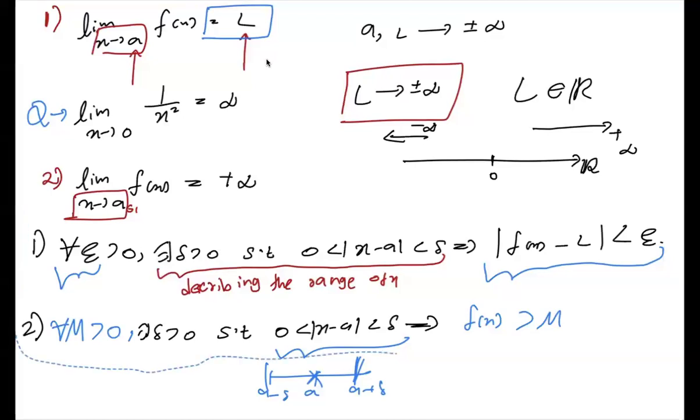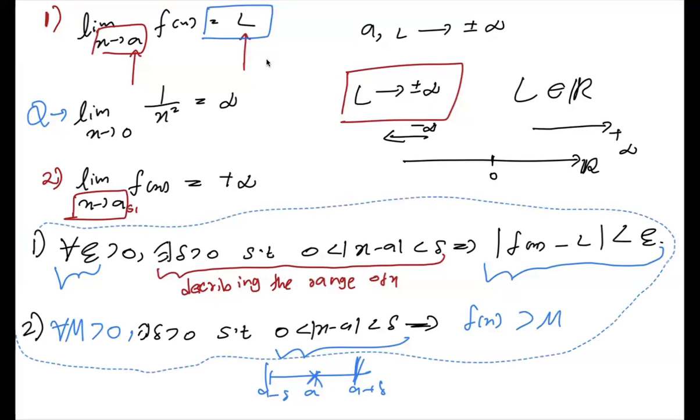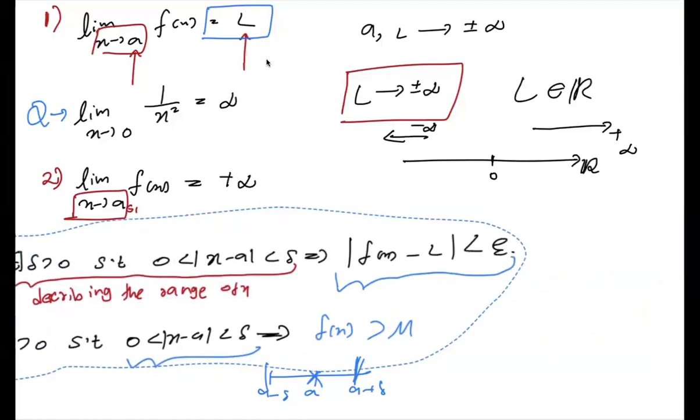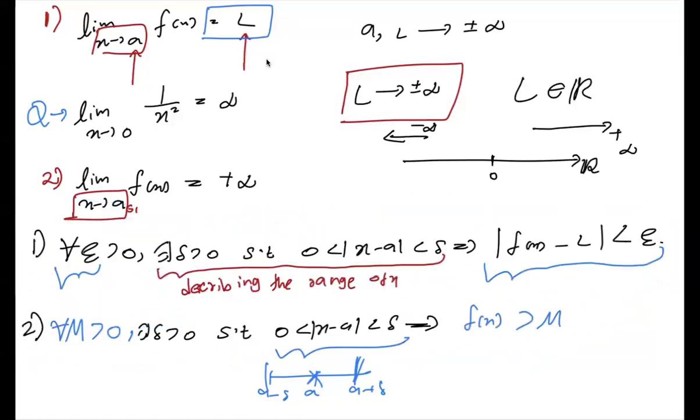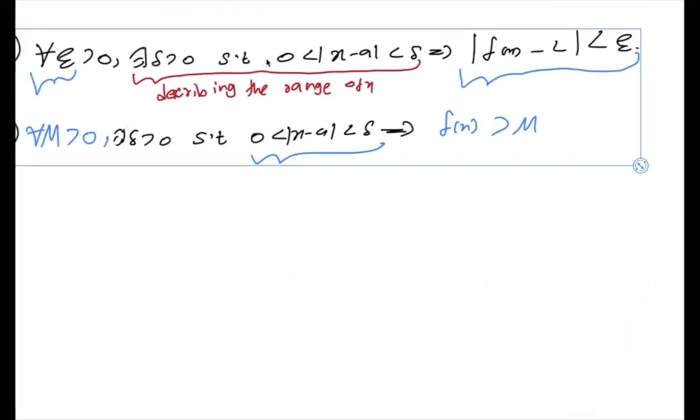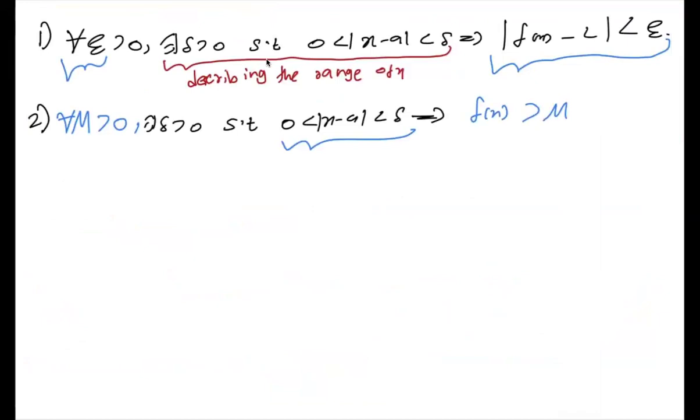Because if you understand those, you can easily write any definition for sequences or one-sided definitions or anything else. But if you don't understand this, it's very hard. Okay, so I just erase these parts.